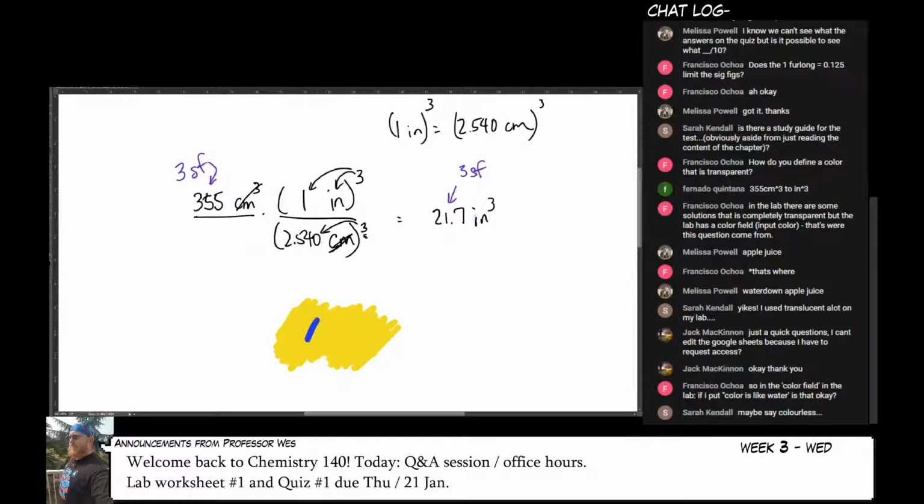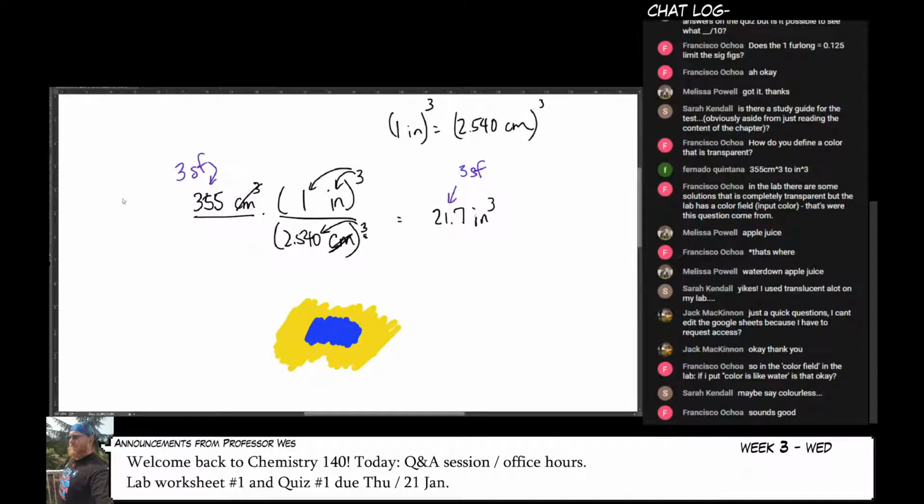So if I draw like this, it is opaque. I can't see the yellow through the blue. But if I do this, watch this. Ooh. Now I can see the yellow through the blue. That actually didn't work as well as I had hoped, so I was hoping it would look kind of green in there.